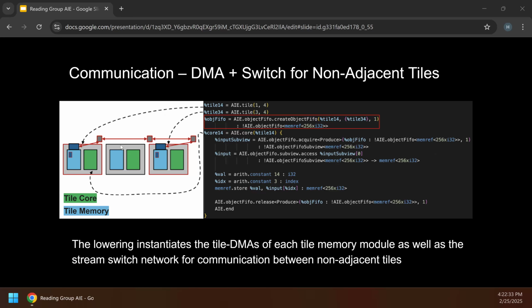How do I interpret that? It's not the memory type, like this one is just the logical data type this object FIFO is about to transfer. Like what kind of data it stores in the FIFOs for the communications.